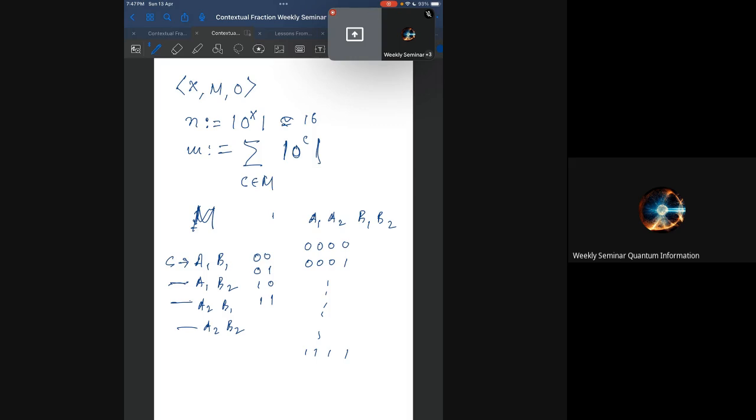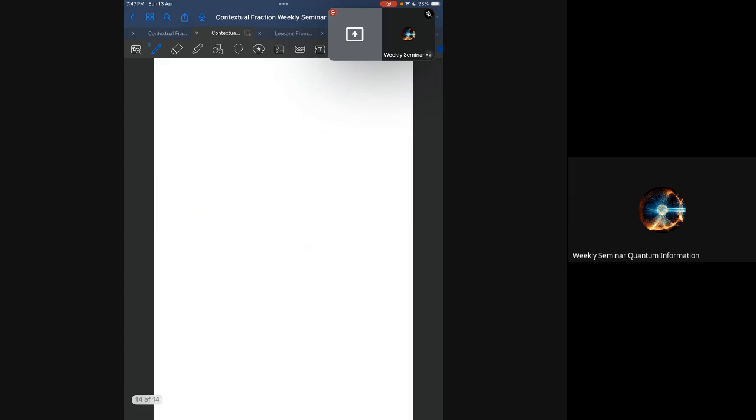Okay, so now I will introduce one matrix M whose elements depend on three things: the context, the outcomes of a context, and some g. I introduced g in the last talk, right? g is the global deterministic assignment of outcomes. So how does this matrix look? This will be an m by n matrix.